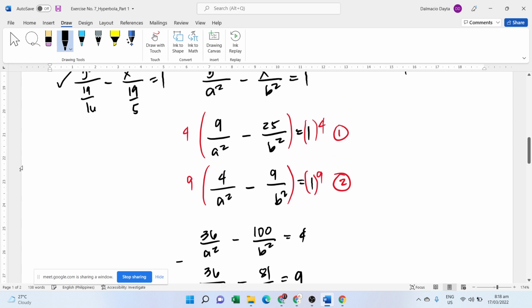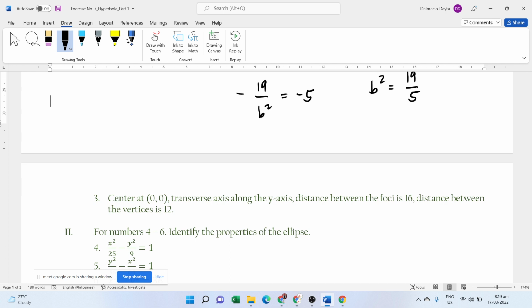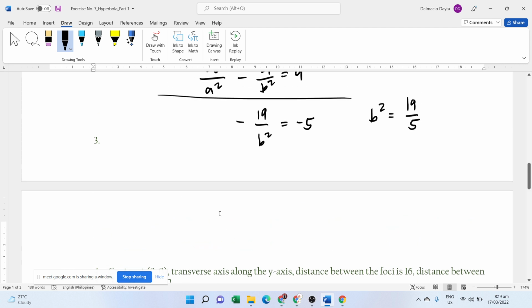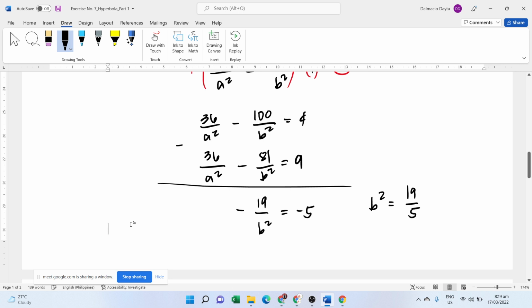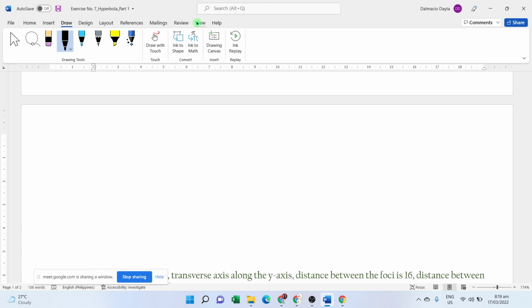Let's go back to either equation 1 or 2 to solve for the value of a squared. Let us use equation 2, that would be easier. Wait, I can no longer see my previous terms.